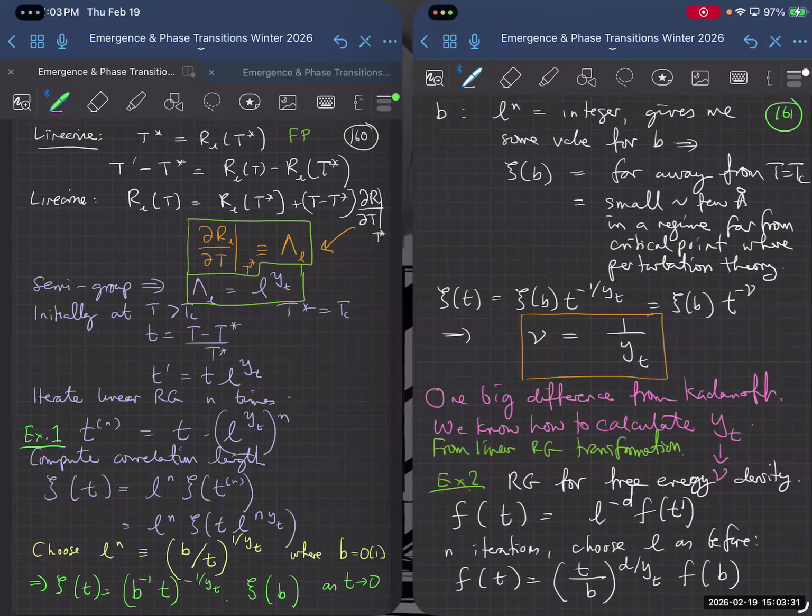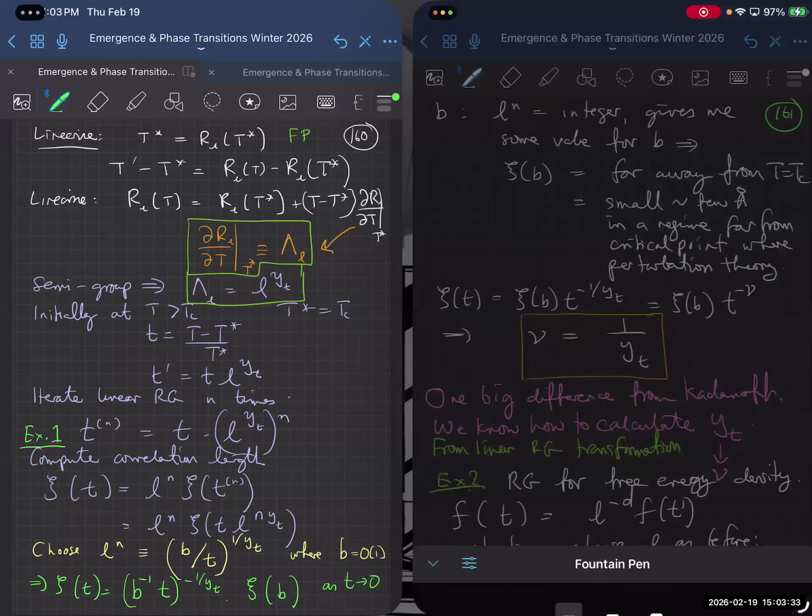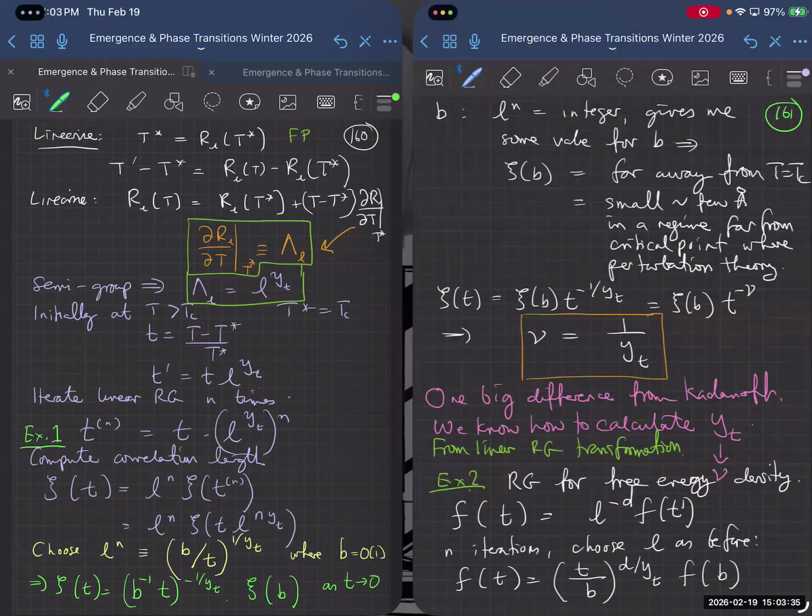Just quickly, to make sure you can all see what happened there: I chose L to be a specific value. Because I chose L to be a specific value, it comes in here, and the specific value of L that I chose is the one on the left-hand side.